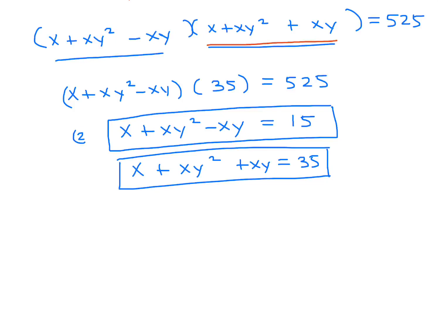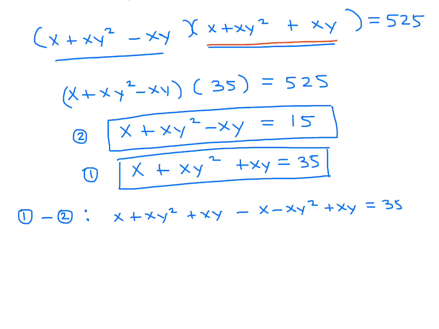So I'll call this one equation 2, I'll call this equation 1, and I'll do 1 minus 2, like this. So 1 minus 2: x plus xy squared plus xy minus x minus xy squared plus xy is 35 minus 15.